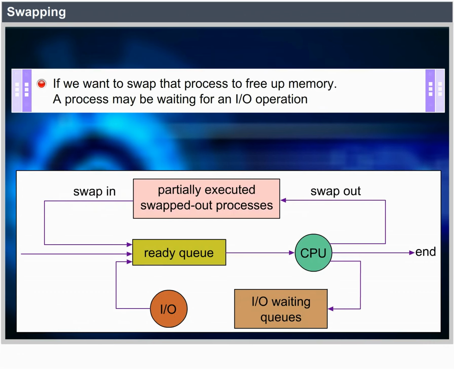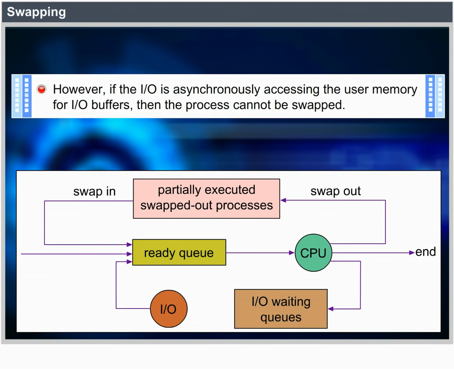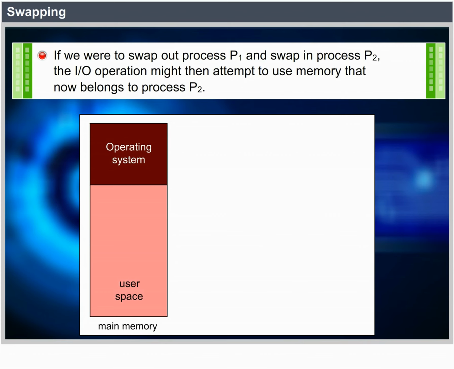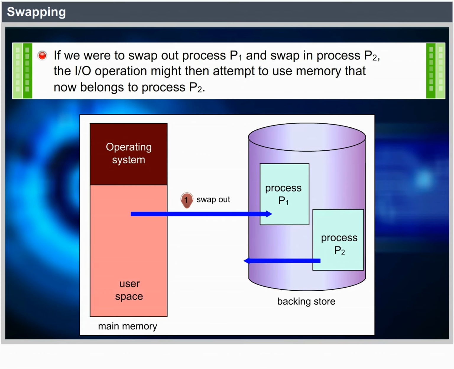However, if the input-output is asynchronously accessing the user memory for input-output buffers, then the process cannot be swapped. Assume that the input-output operation is queued because the device is busy. If we were to swap out process P1 and swap in process P2, then the input-output operation might then attempt to use memory that now belongs to process P2.